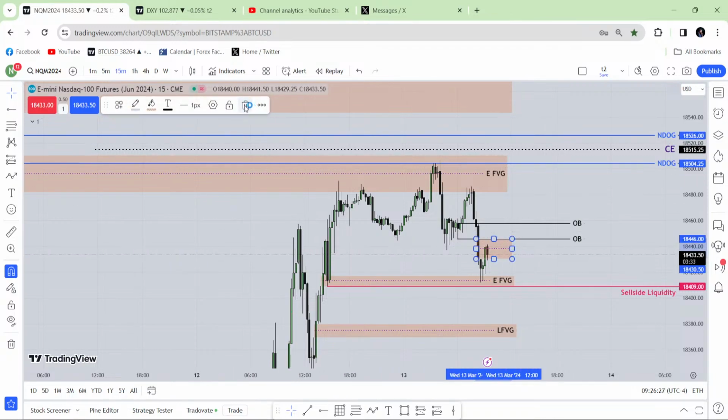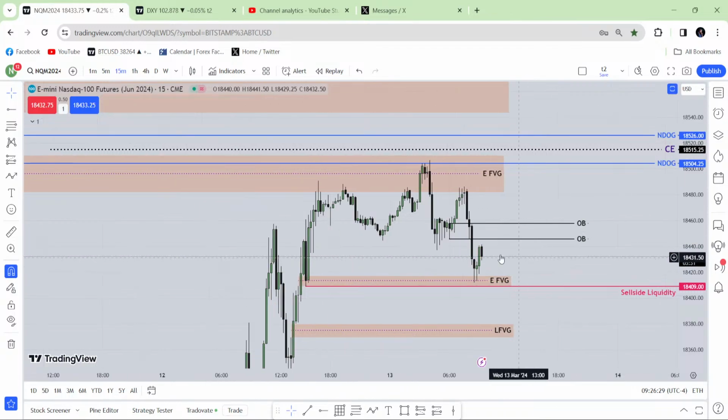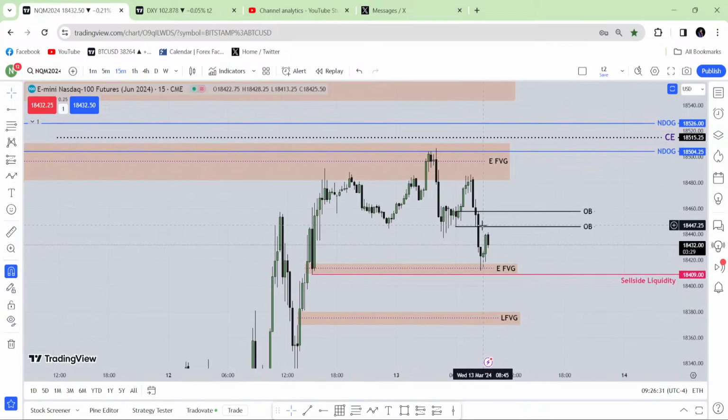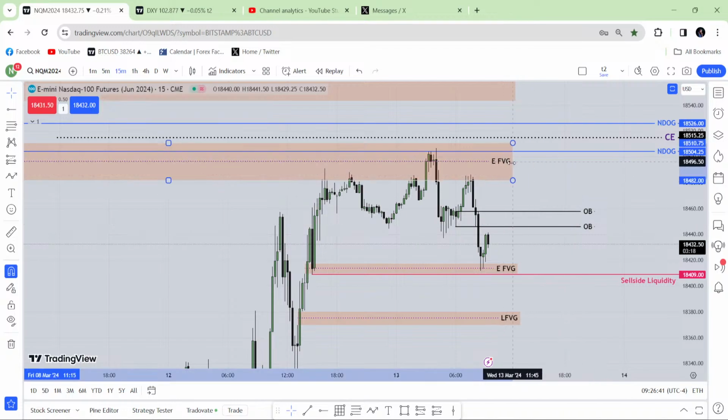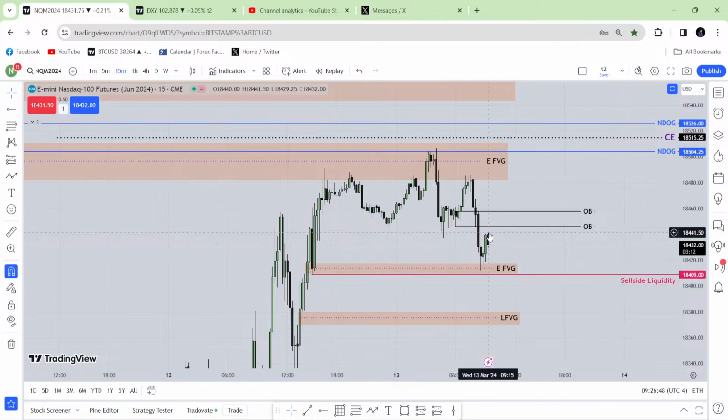If you don't want to mark it, don't mark it. Still there is a fair value gap. As you are not looking for a sell or a buy from there, you don't need to mark it. You don't need to mark that order block level either, because the market is falling from the entry fair value gap to that leg, right? It came here and gave you a reaction.